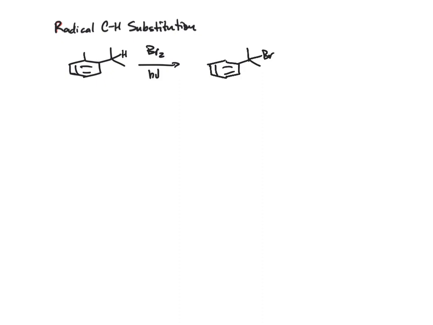I'm going to put all the hydrogens in this molecule, and then we're going to classify all of them. So how many unique sets of hydrogen do we have to begin with?